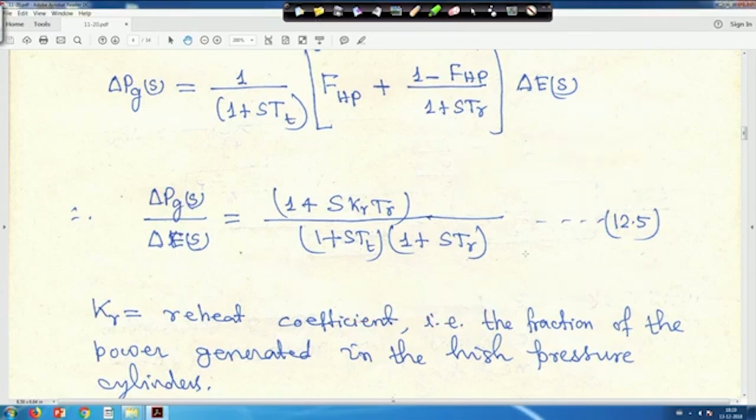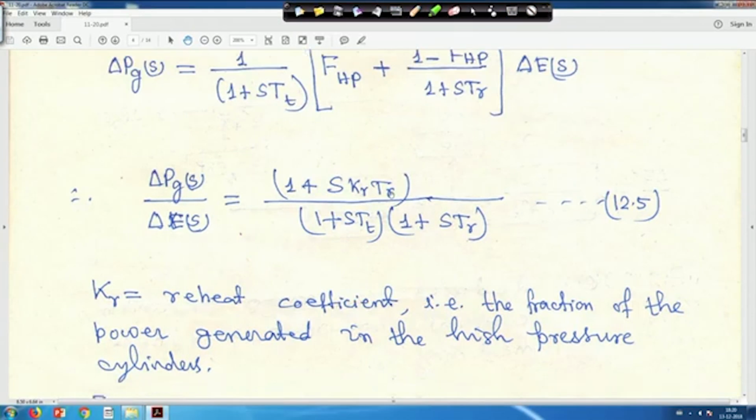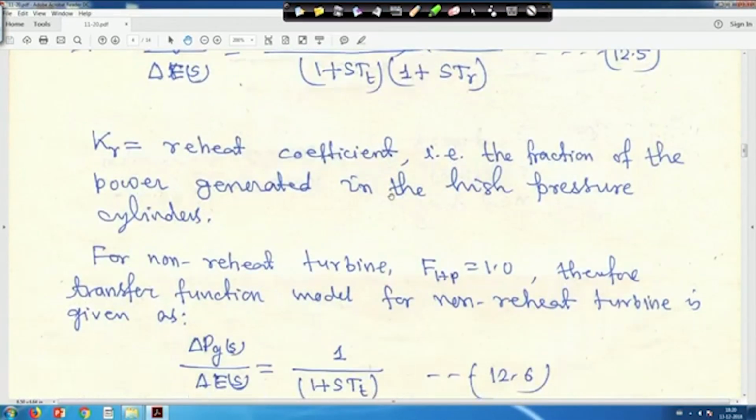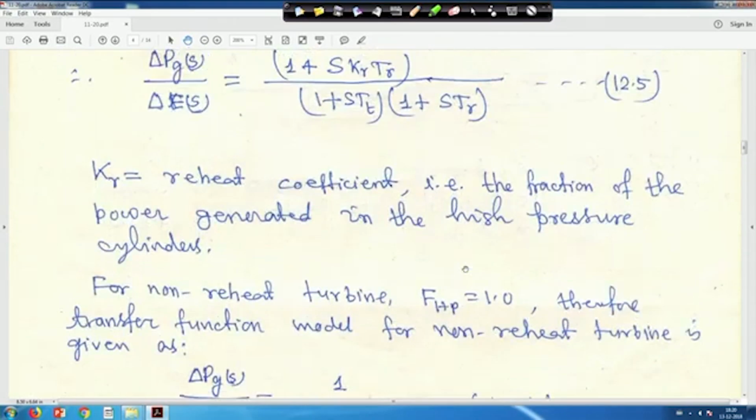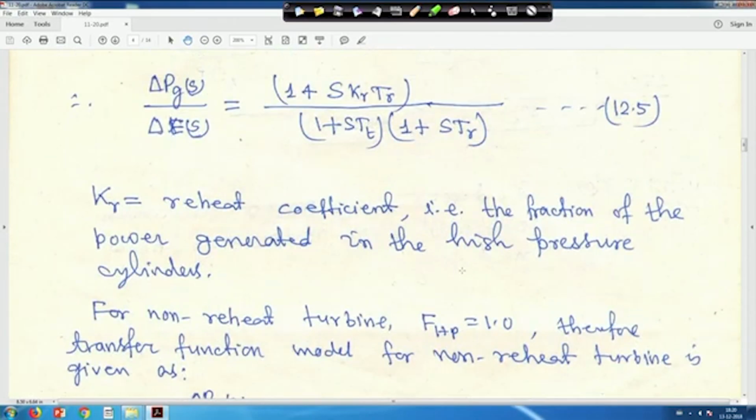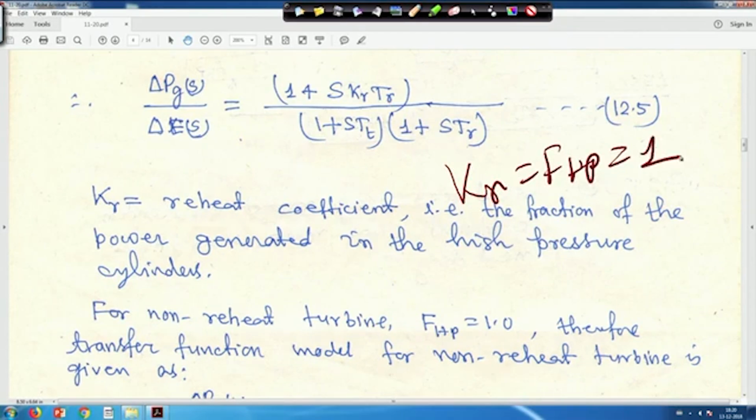Here I have written that for a non-reheat turbine, ΔPG upon ΔE is equal to 1 upon 1 plus sT_T. Here actually F_HP is 1, that means for this equation, if you take K_R equal to F_HP, that is equal to 1, because the reheater is not present.